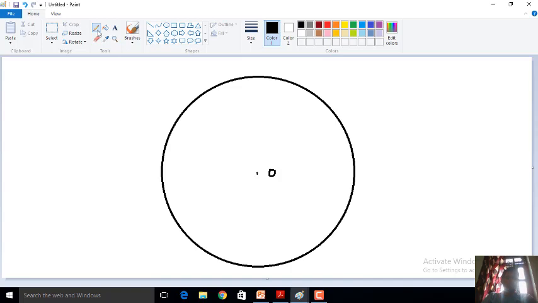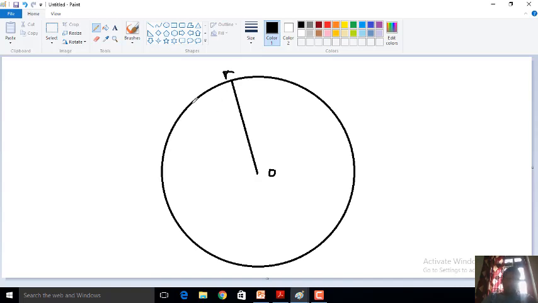Now, if we join any point on the circle to center of circle, the line segment that we will obtain is known as radius. So here, this is A. So here, OA is radius of the circle.